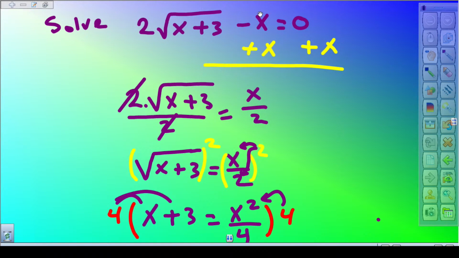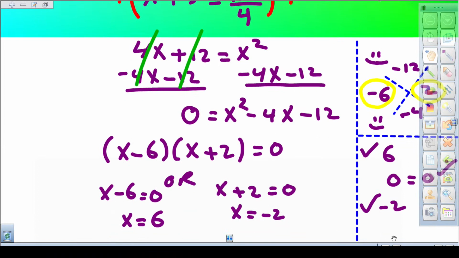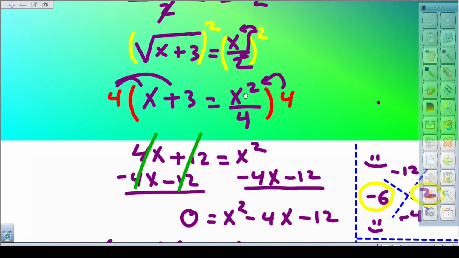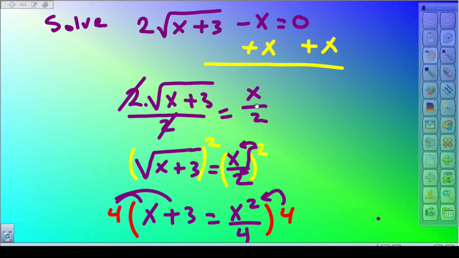Minus, remember, 2 minus what? Minus 2. So 2 minus 2. Well, that's going to give me a problem here.